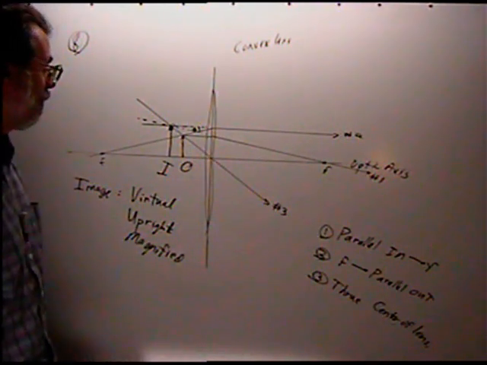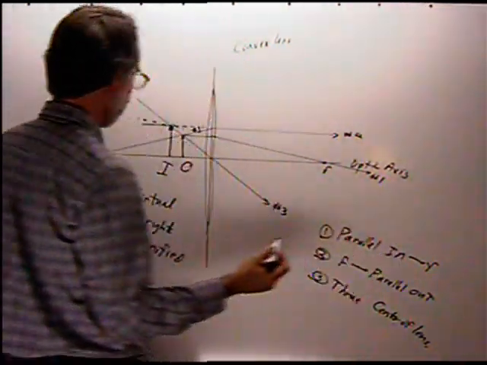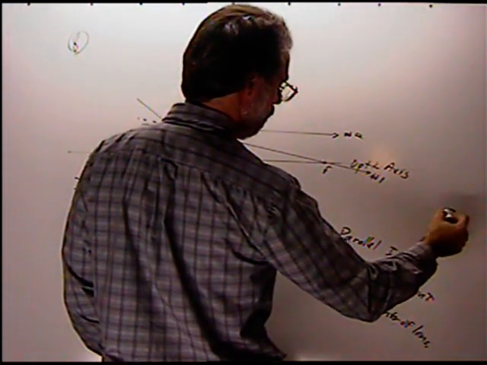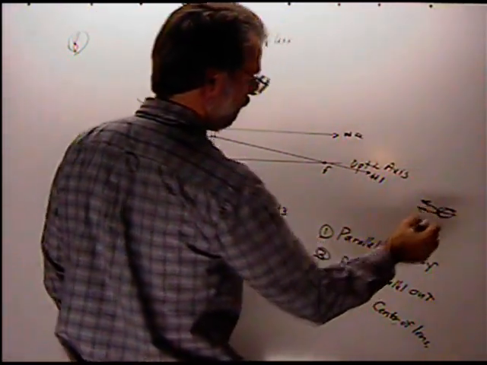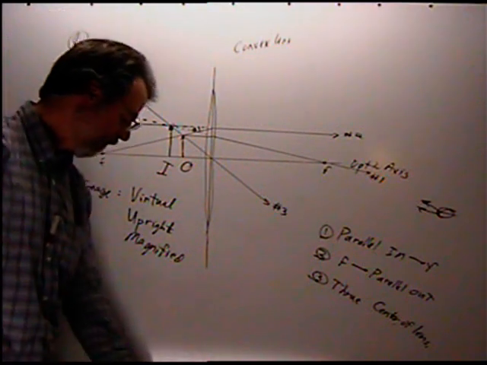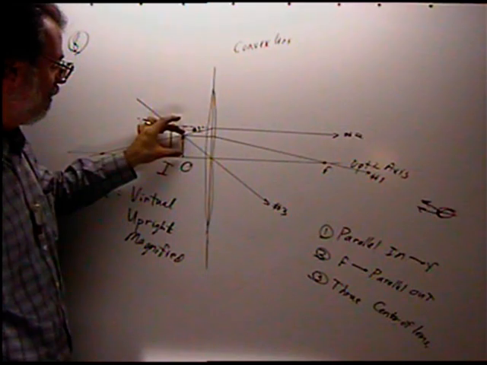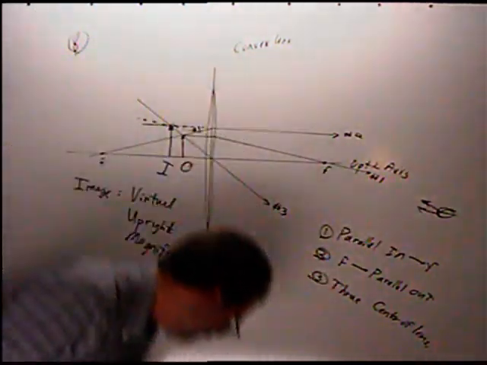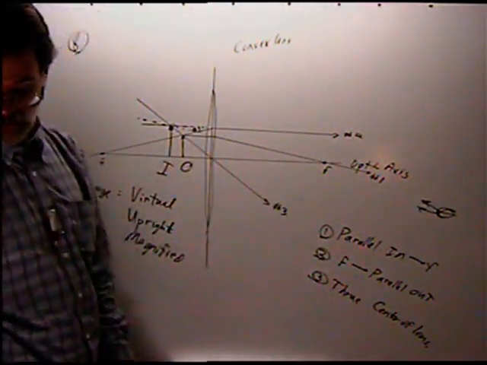Notice if your eye was over here, and you're looking this way, I can't draw a very good eye, and you put something on the opposite side of the lens, you're going to see it magnified. This is your basic idea of the microscope.